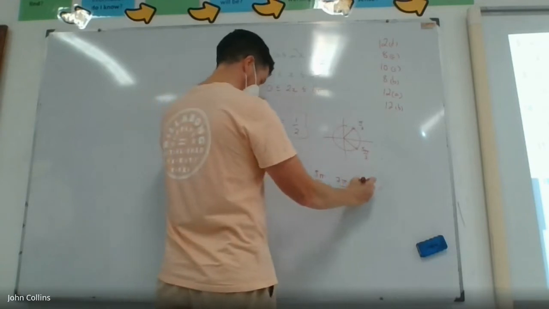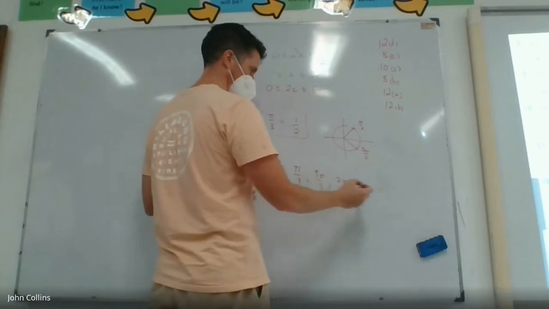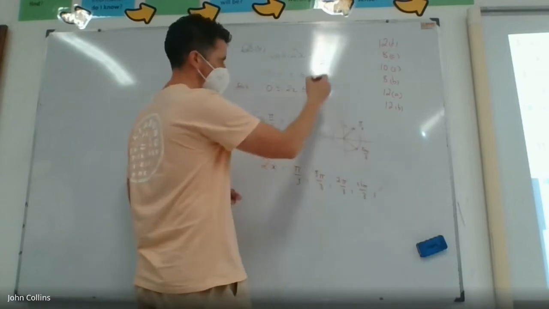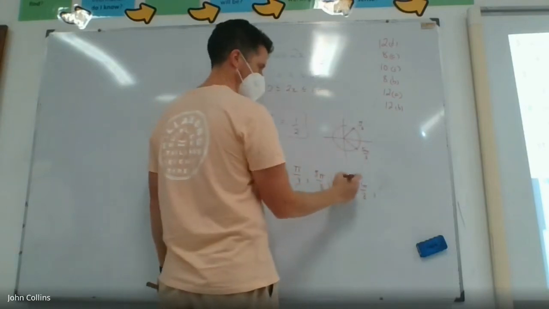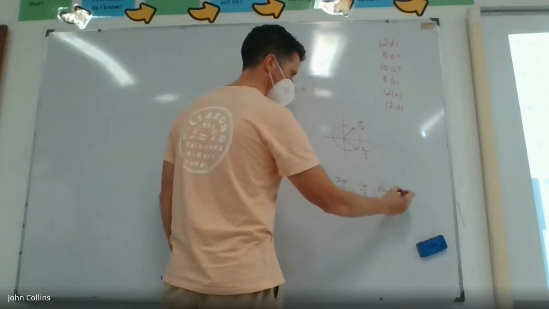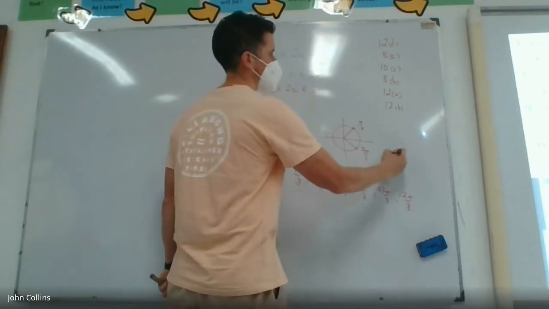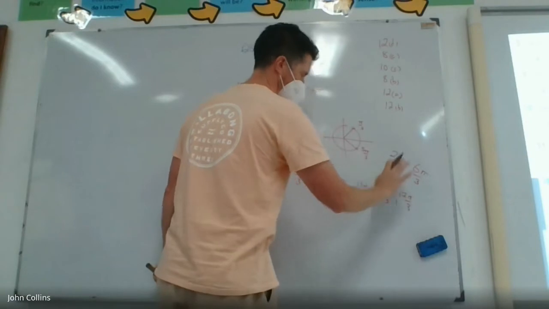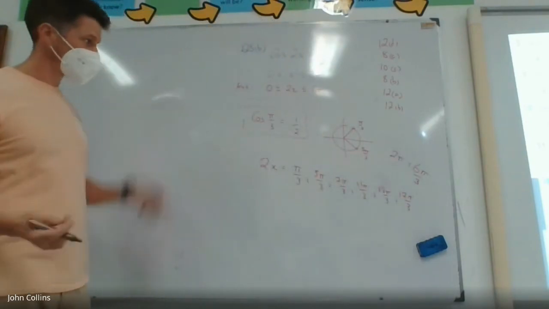Then you're going to get 11 pi over 3. 6 pi over 3 is 1 rotation, so we've got to go around again because I'm looking at 6 pi. Add another 6 pi over 3 to this, I get 13 pi over 3, and add another to that one, I get 17 pi over 3. So just to clarify, 2 pi is 6 pi over 3, so I'm just adding that, making it simple addition for me.